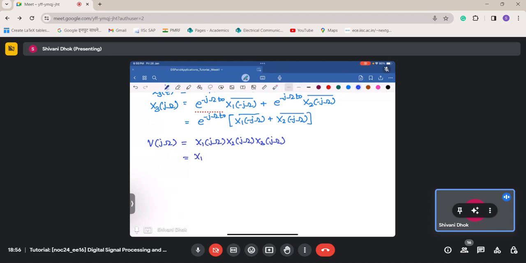Now we have X1 of j omega times X2 of j omega times e power minus j omega t naught, times X1 of minus j omega conjugate plus X2 of minus j omega conjugate. So this is the value of V of j omega. Any questions?